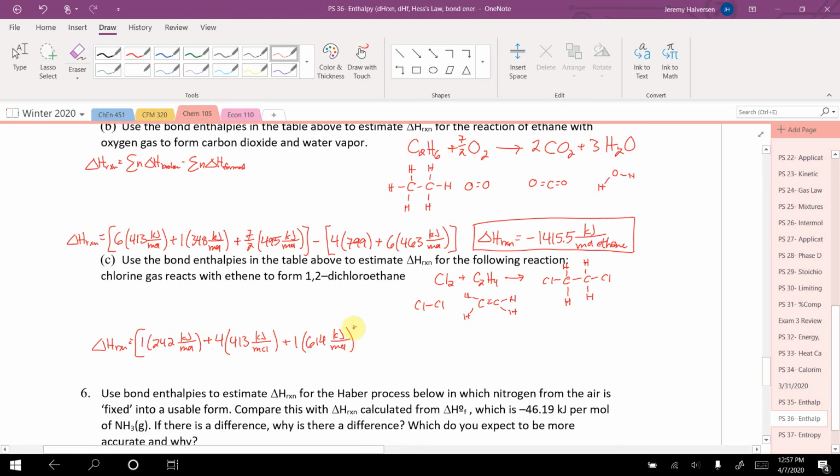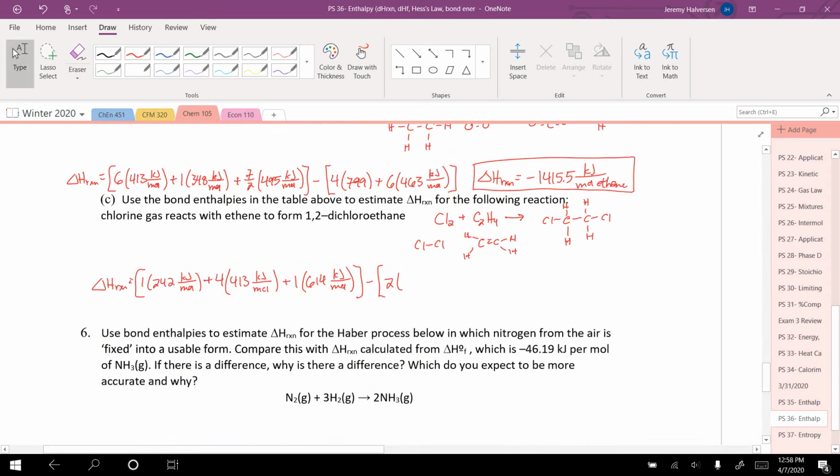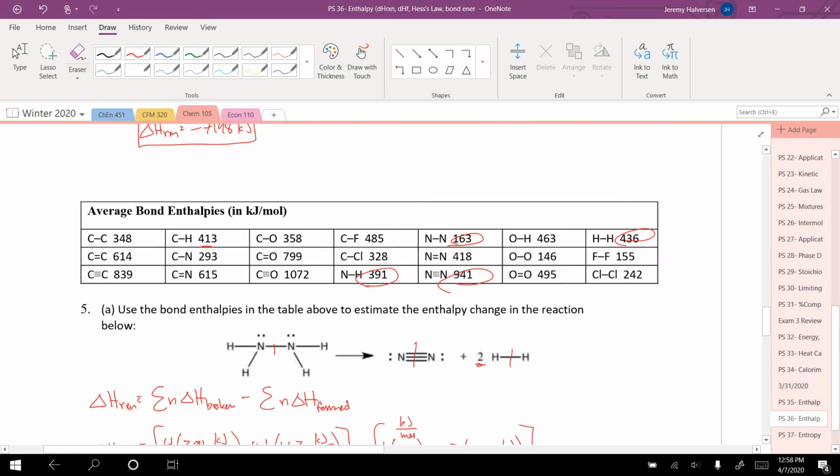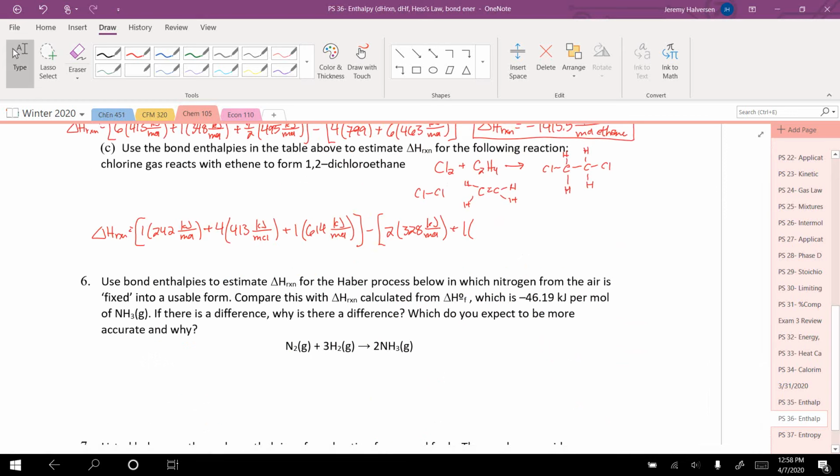That's everything that's breaking. Sorry, minus. What's forming? We got 2 CCls, 328. We've got 1 CC, which I think is 348.